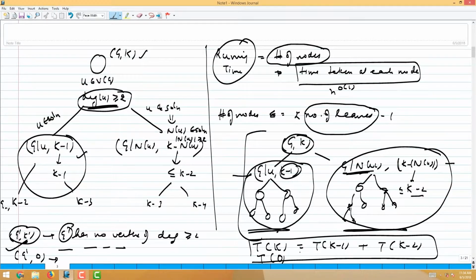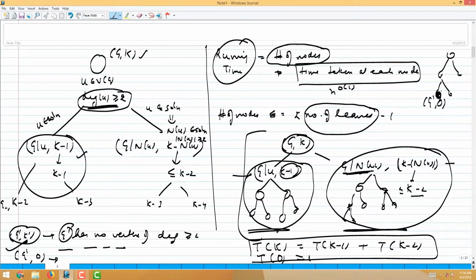How many leaves are there in such a tree? You have this graph G prime and k is 0, so there is no tree below it. The only tree here is the single vertex. So T_0 will be 1. There is only one leaf, because that tree is nothing but that single vertex.